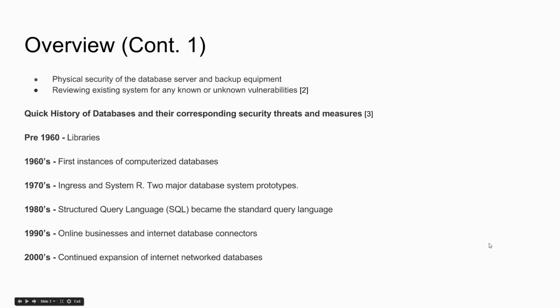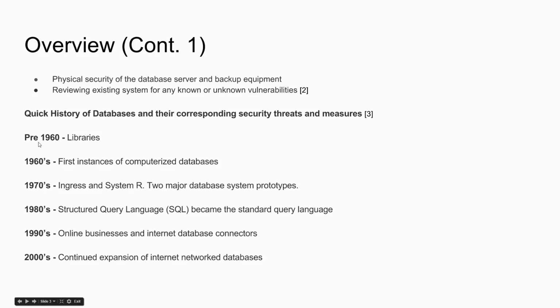As I have just briefly gone over ways to implement database security, I'm now going to break it down and do a quick history of databases and how different security threats have arisen to the common era. Before the 1960s, there were no databases incorporated into computers. I mean, computers weren't even really around back then. Before the 1960s, there were libraries. And libraries, depending on what type of library, whether a top secret government library or just your public library, still had a way of database security.